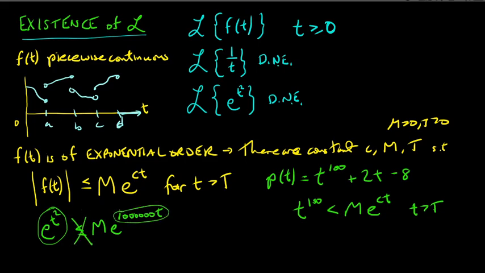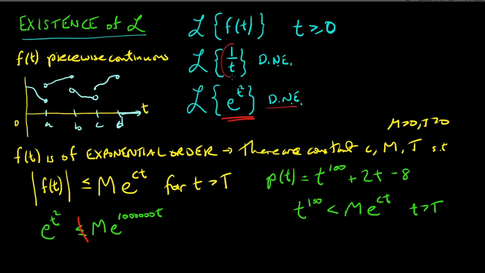The t squared will become bigger than 1 million t eventually. Because of that, e to the t squared is not of exponential order, and that means there's no guarantee that you have a Laplace transform. In fact, you don't. We already said that. It does not exist here.